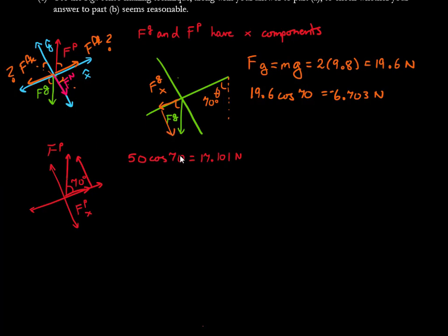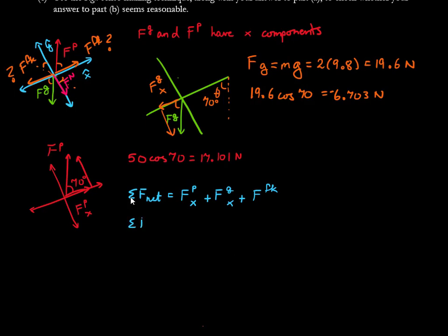So now that we've determined the push force in the x direction and the force of gravity in the x direction, all we have to do is sum them together to get the x net force, minus the force of kinetic friction. And we can write what the net force in the x direction equals as F net equals force of push in the x direction plus force of gravity in the x direction plus the force of kinetic friction, which we don't know right now.